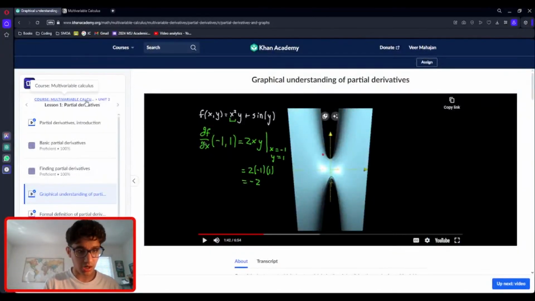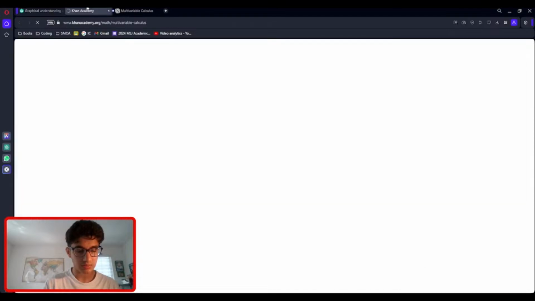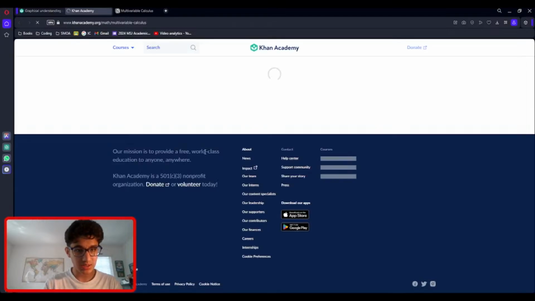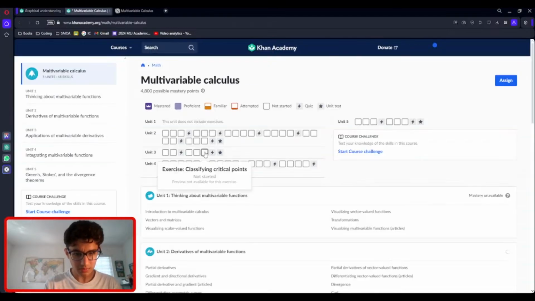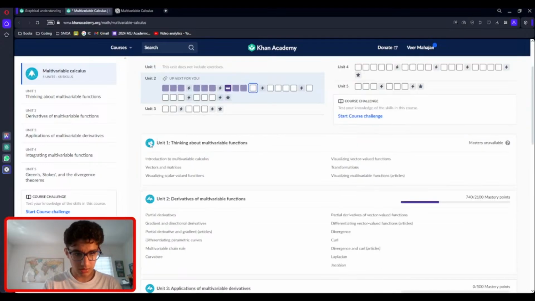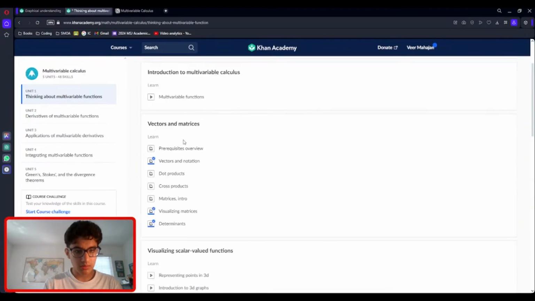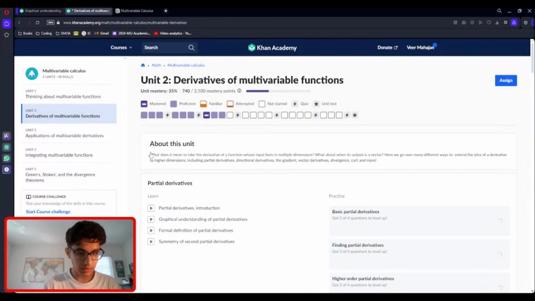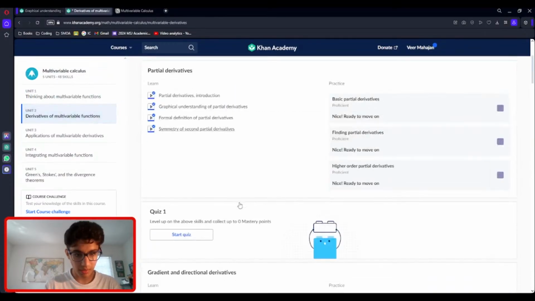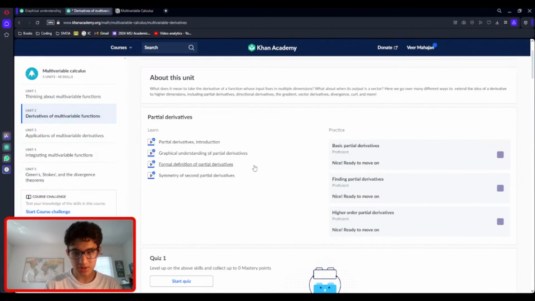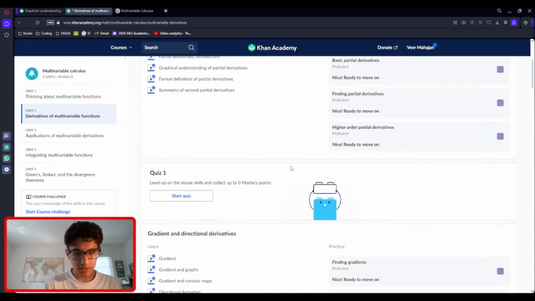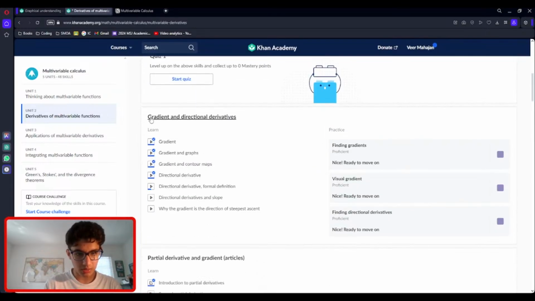Now I'm not too sure how much I can do. Let's quickly pause for a second and see how much we'll try to do. So obviously unit 1, we're not going past that. We'll do, sorry, unit 2, and we'll do partial derivatives because I think we're almost done with that, at least for the most part. And then we can do gradient and directional derivatives as well.